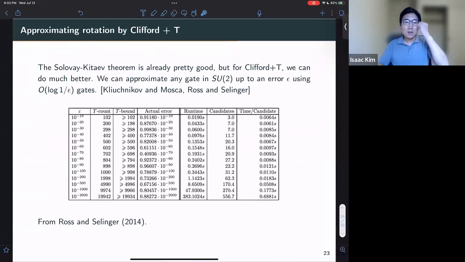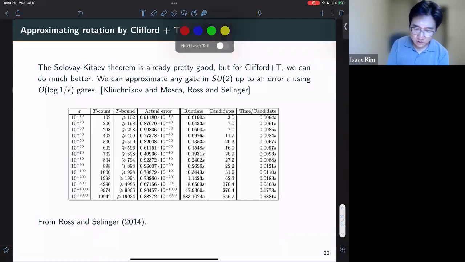In fact, for this particular gate set, Clifford plus T, we can do much, much better. It turns out that we can approximate any gate in SU(2) up to an error of epsilon using only log(1/epsilon) gates, instead of log to the C of 1/epsilon gates, where C is roughly 3.